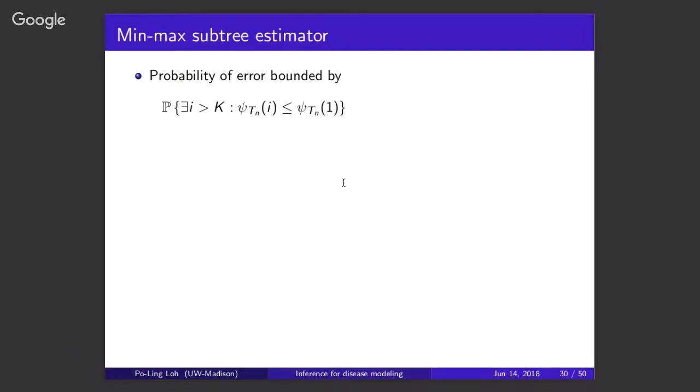As I mentioned before, it suffices to track the relative centrality. We think about psi as this measure of centrality, and we're picking the minimum k nodes. It suffices to just track the first k. And so we can argue that the probability of error is bounded by something that compares the centrality of node 1 with other nodes in the graph.